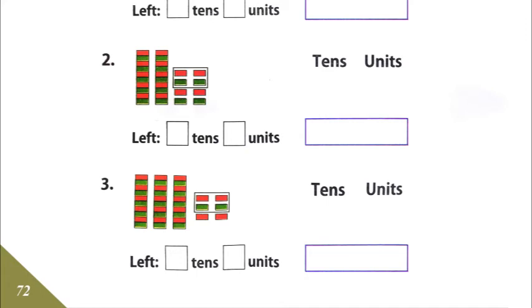Okay, so let's go to the third one now. How many ten bars are there? There are 3. Can we count? 1, 2, 3. So under the tens we will write 3. Now altogether how many unit bars are there? Let's see. 1, 2, 3, 4, 5, 6. So under units we will write 6. Okay. Now they have boxed out 4 units.